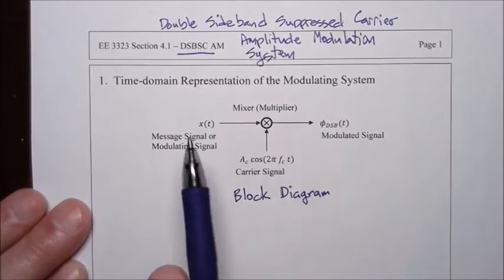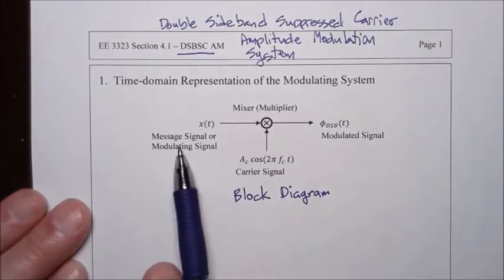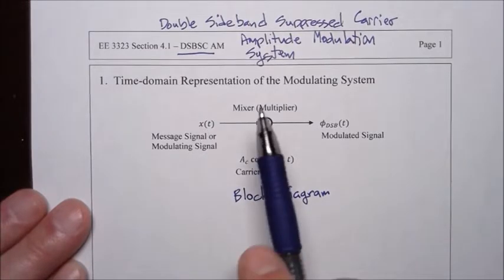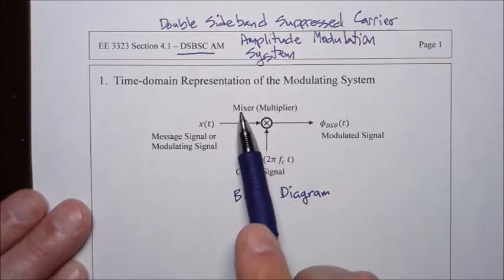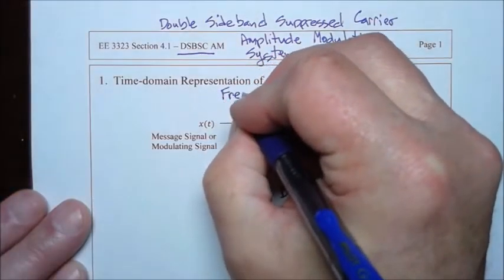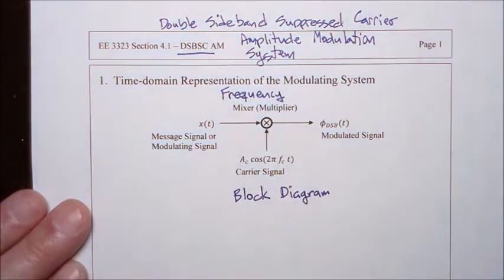We have the message signal, or the modulating signal, x of t, applied to one input of a device called a mixer. Sometimes it's called a frequency mixer. It's simply a multiplier.